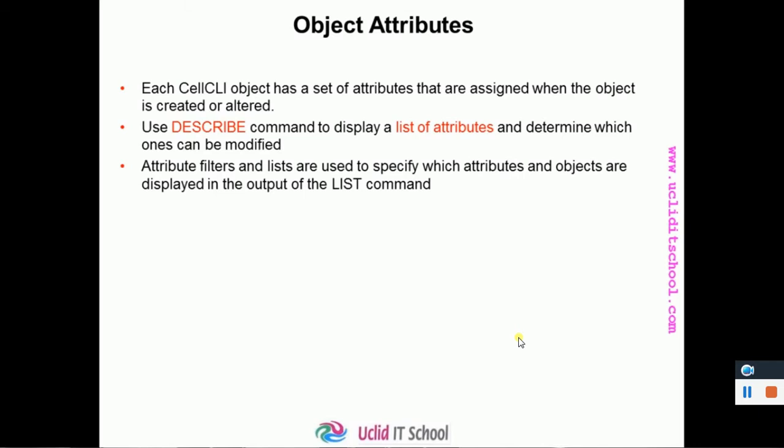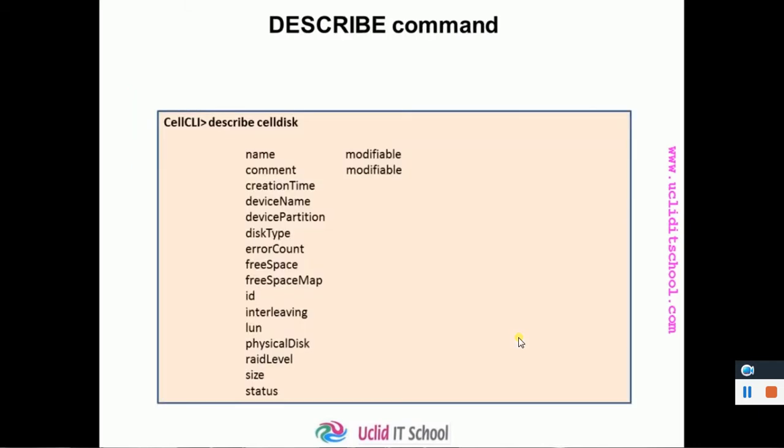We'll see this. For example, this slide shows you the describe command on an object called cell disk. Cell disk is an object, so we are using the describe command. It is showing the attributes like name, comment, creation time, device name. These are the attributes, and in the next column, it is showing you which attributes can be modified.